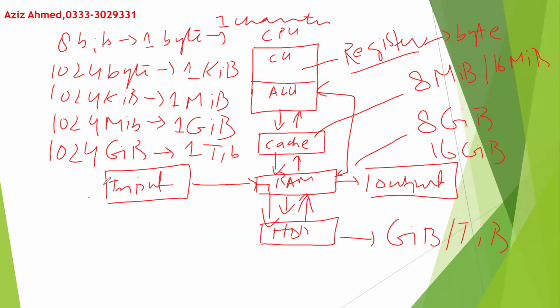So cache is a memory unit, a kind of memory. Yes, but it's small. You can see it is 8 megabytes or maybe 16 megabytes, but RAM is 8 GB or 16 GB. The difference between cache and RAM is storage, but cache is faster than RAM, maybe 6 or 7 times.